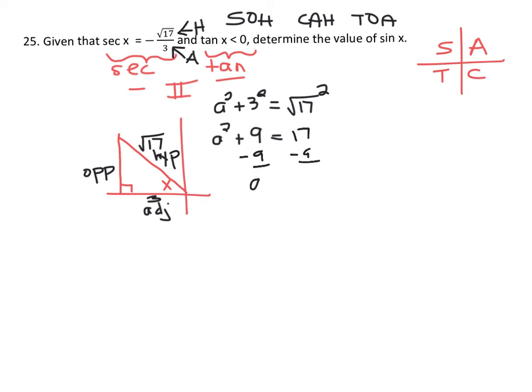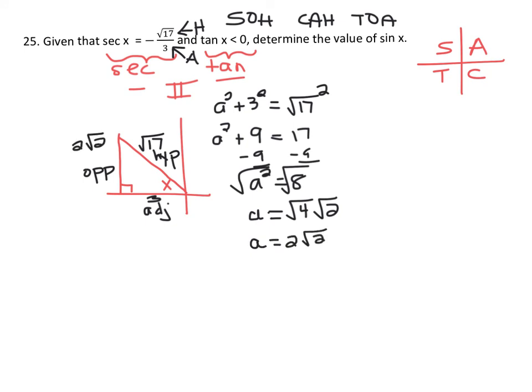So it leaves me with a squared equals 8. And then when I take the square root, 8 is not a perfect square, but it can be broken up into radical 4, radical 2. Please make sure to put them both under radicals to start. Now, since the square root of 4 is just 2, now we can get it out of the radical and rewrite it as 2 radical 2. Okay, so that's the length of our opposite.